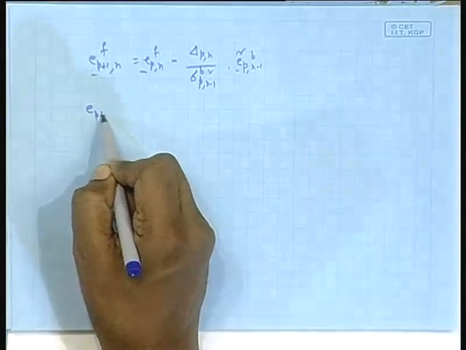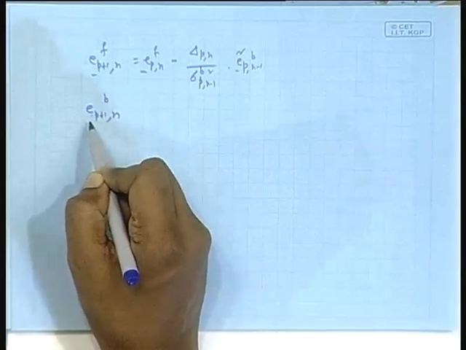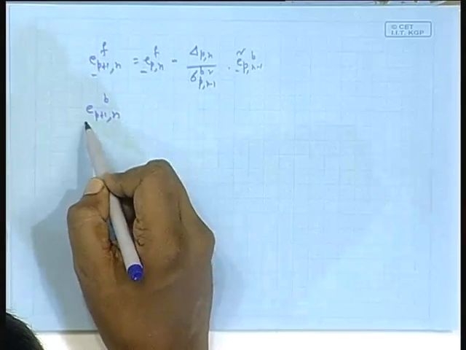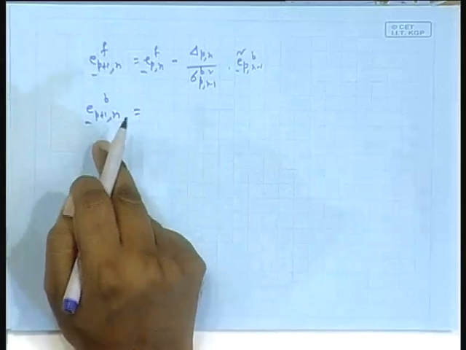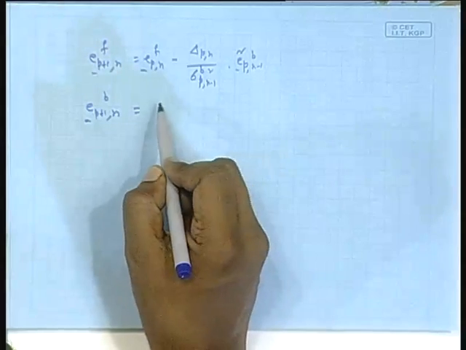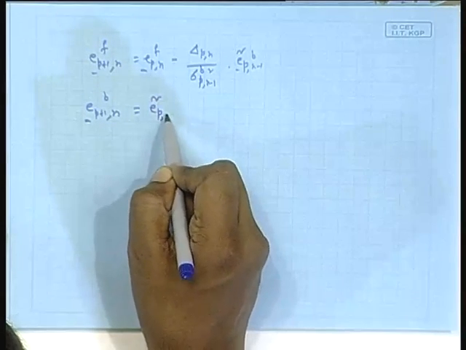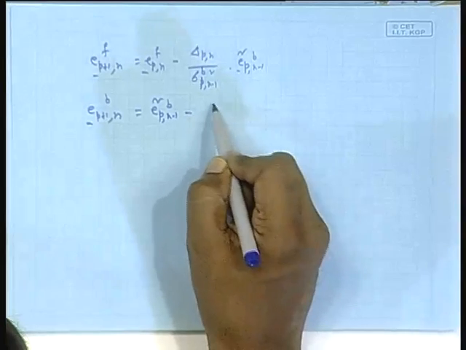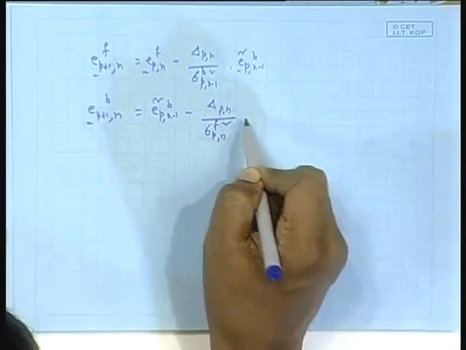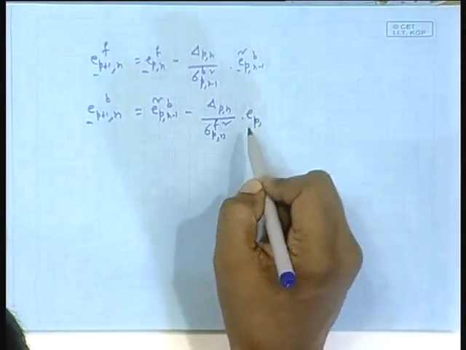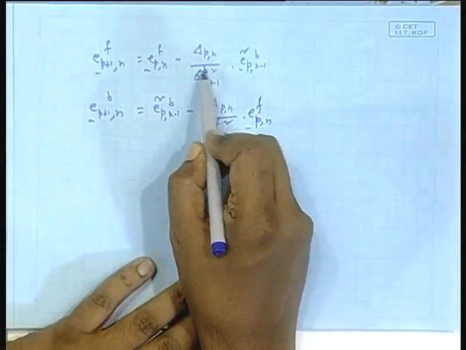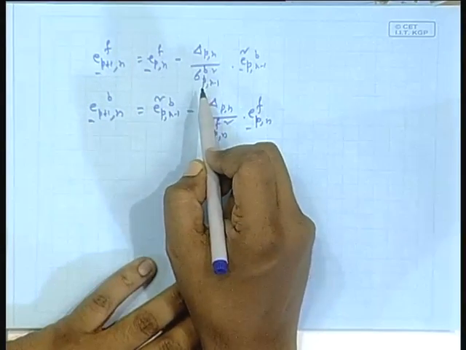And this was... I did this also, isn't it, yesterday? I did for this also. That was minus the same delta p n. Okay. We assume that this is not resulting in division by 0.